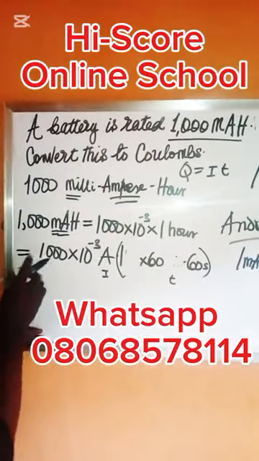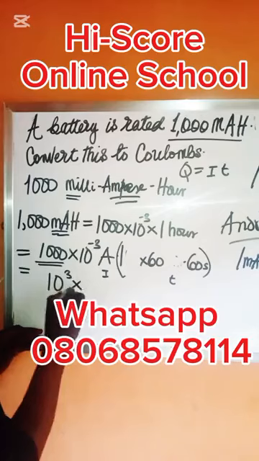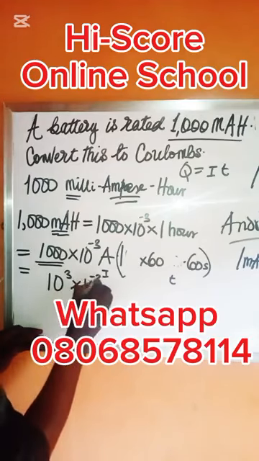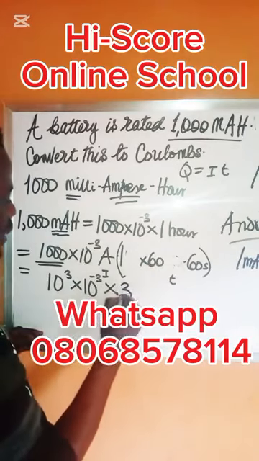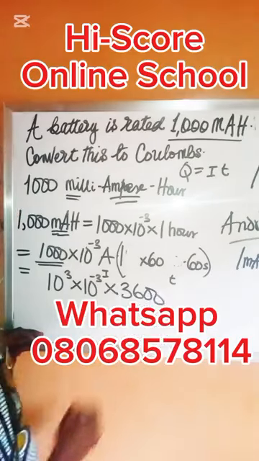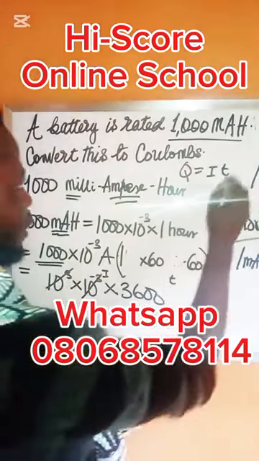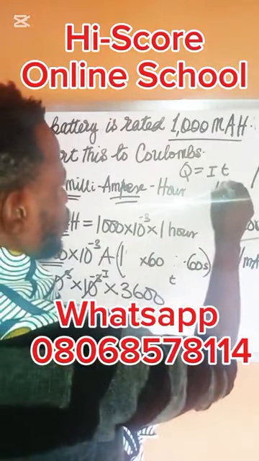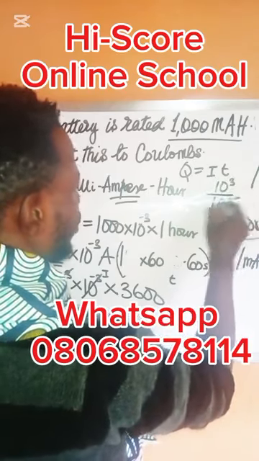So you have 1000, which can be written as 10 to the power 3, times 10 to the power minus 3, multiplied by 60 times 60, which is 3600. And of course, this will cancel this, because this is just like saying 10 to the power 3 divided by 10 to the power 3. It will cancel out.